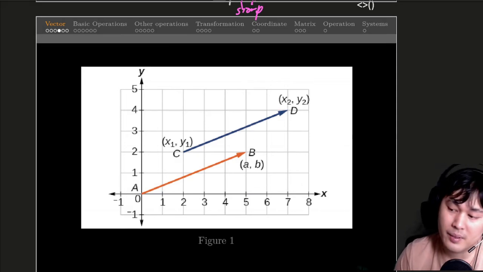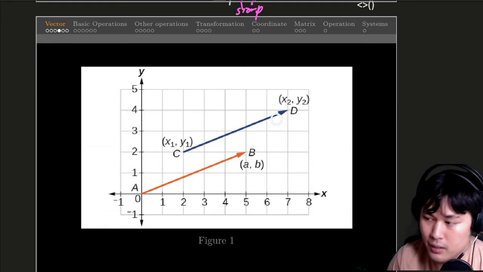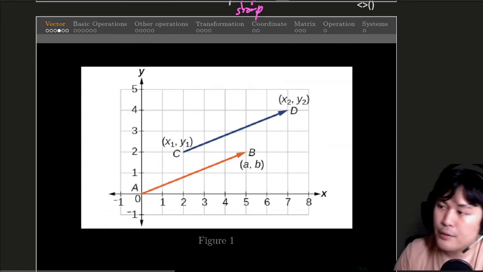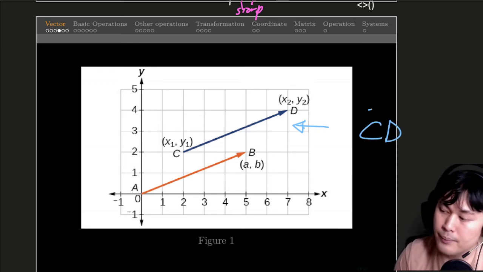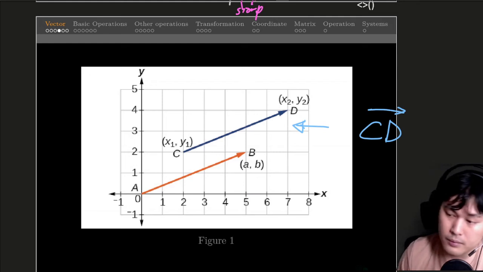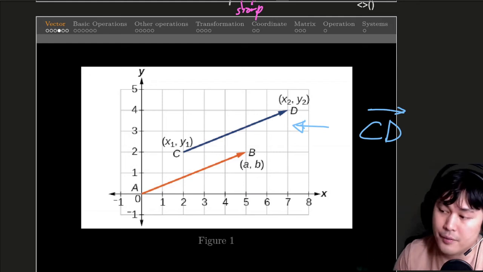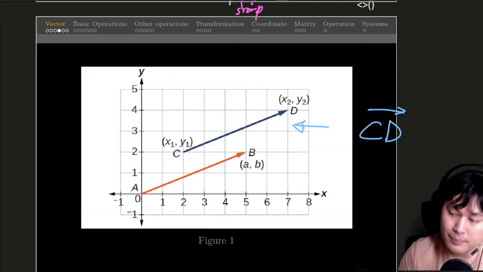We know they are vectors because there's an arrowhead on one end. For the blue vector, we represent the vector as the point C, the point D, and an arrow on top of it. So that's a single vector. That describes a movement or a force from the point C to point D.